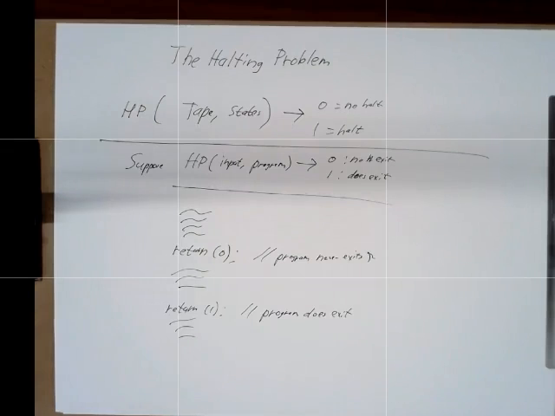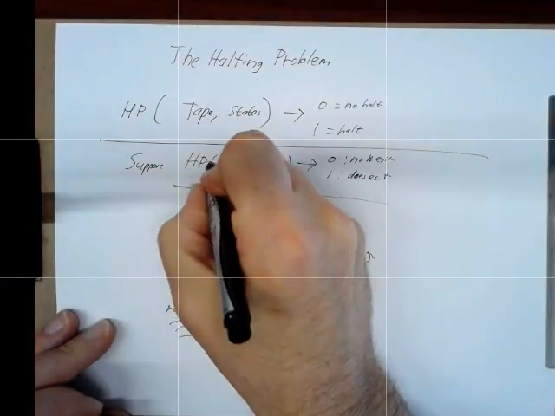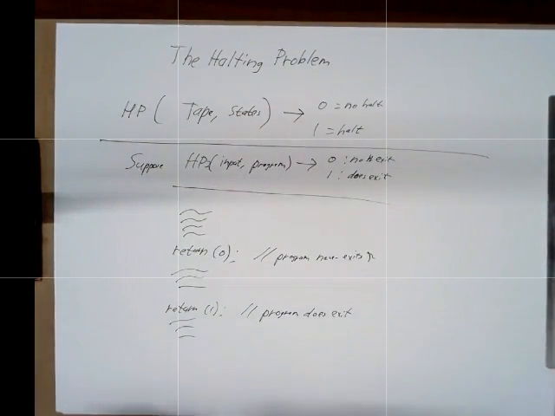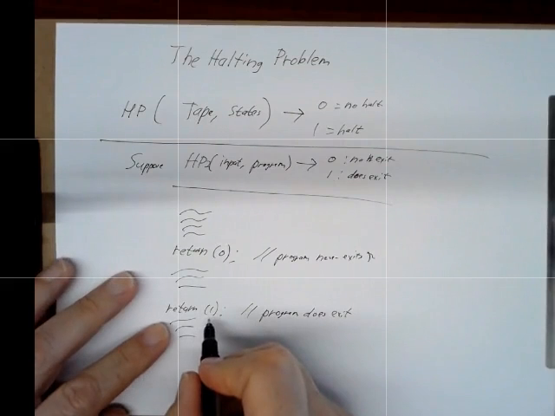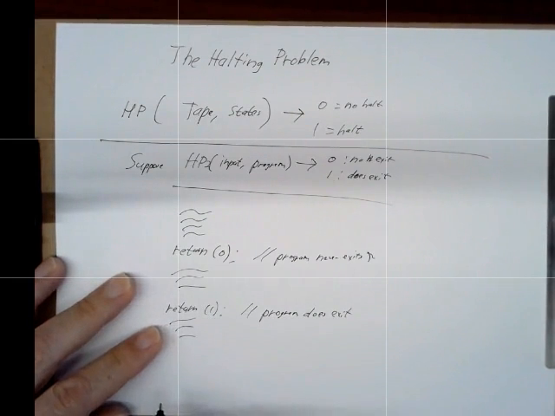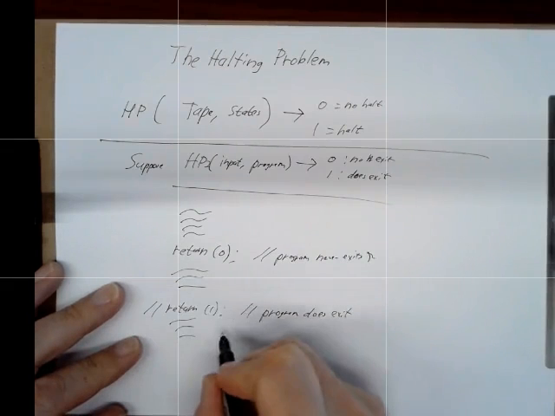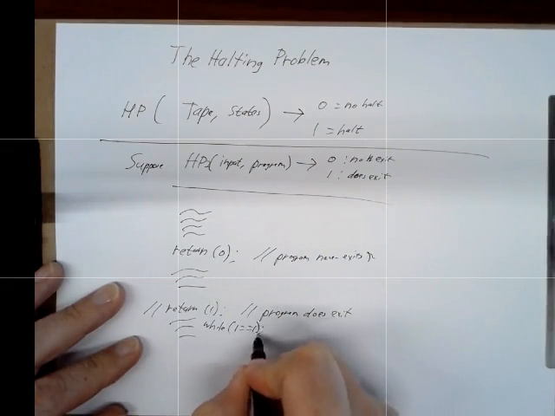Okay, I'm going to modify your program. I'm going to make a new version of it. And I'm going to call this program HP2. And here's what I'm going to do. Down here where it says return 1, instead of returning 1, I'm going to say loop forever.